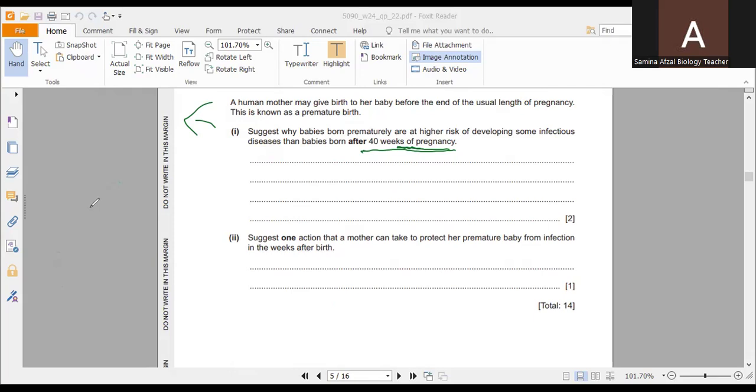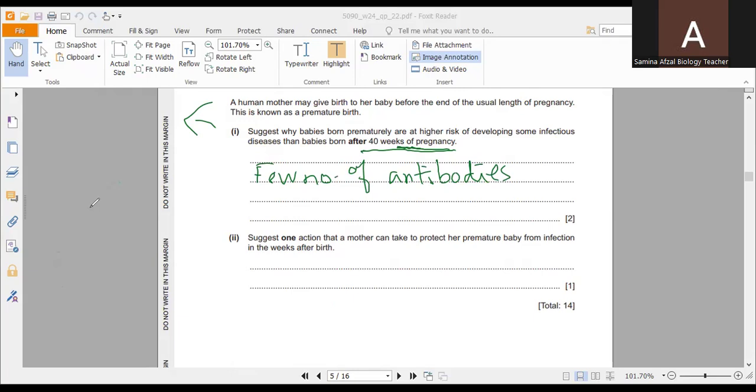The reason is that after premature birth, they have a very small number of antibodies, because already they were using the antibodies from their mother. Lots of antibodies are present in the blood of the mother, and those antibodies save them from different infections.